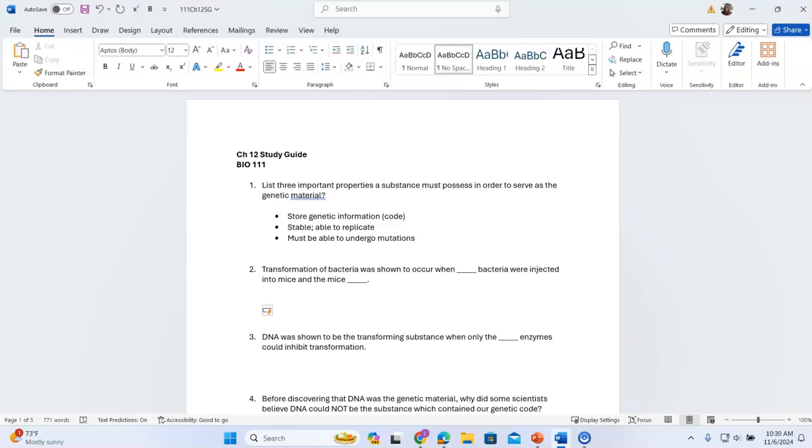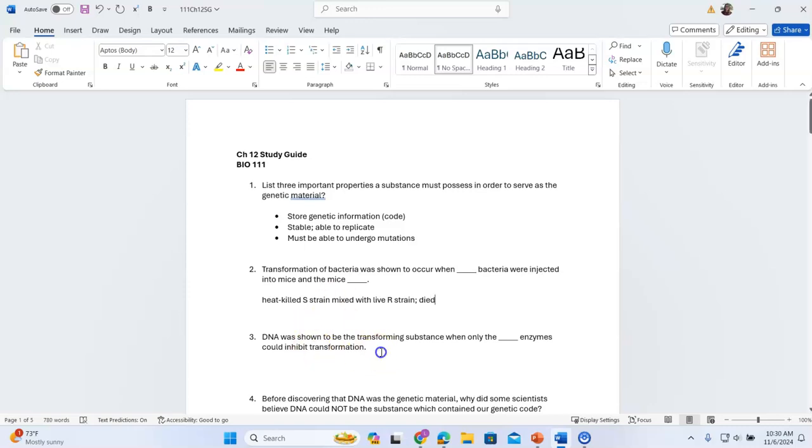One was heat-killed S strain bacteria, because live S strain killed the mice, but heat-killed S strain did not. So the heat-killed S strain mixed with live R strain. Those bacteria were injected into mice and caused the mice to die. So the mice died. That goes in the second blank.